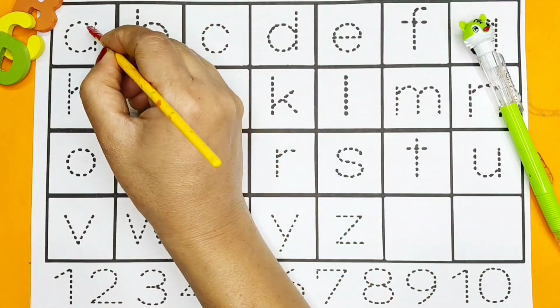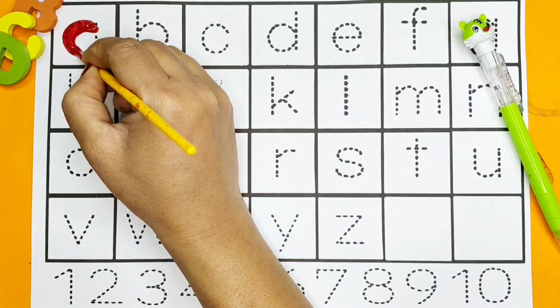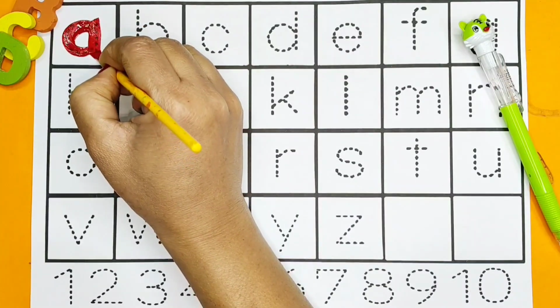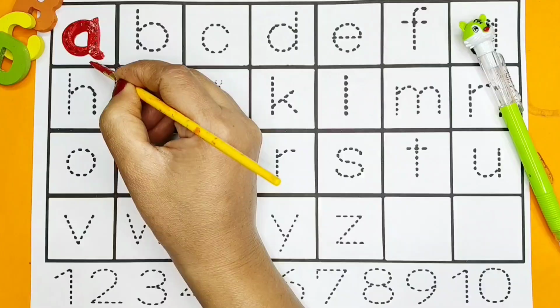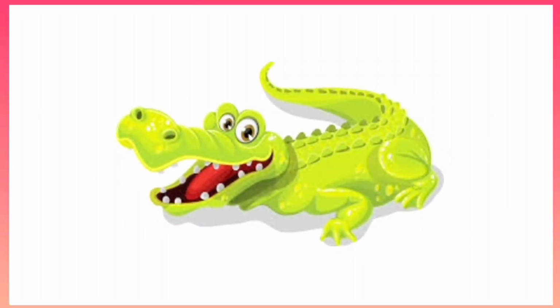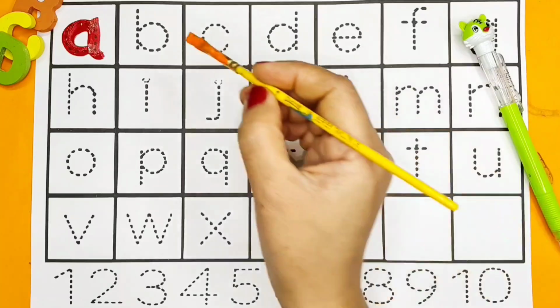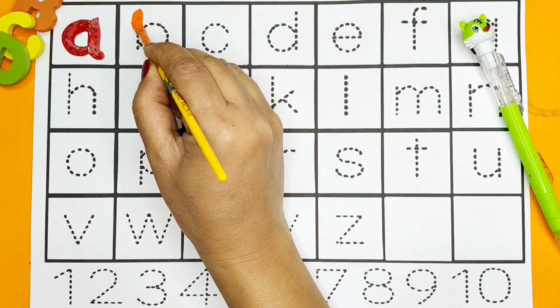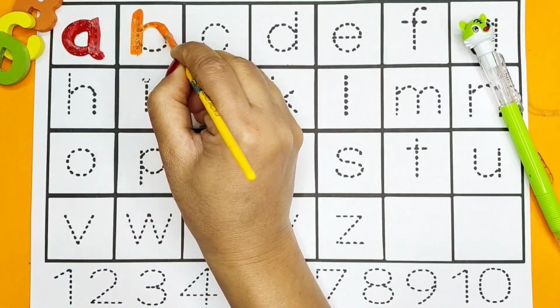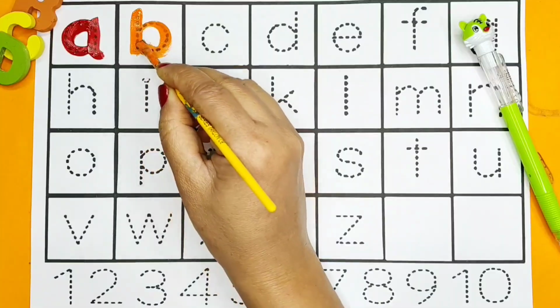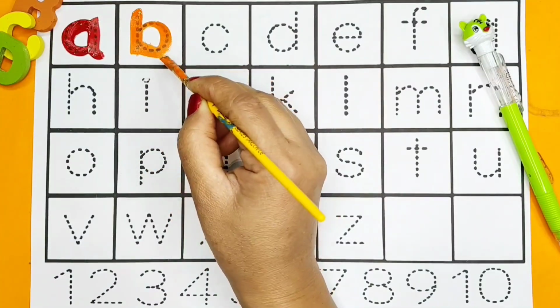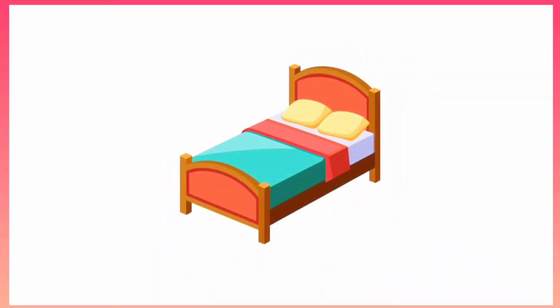Red color A. A for alligator. Orange color B. B for bed.